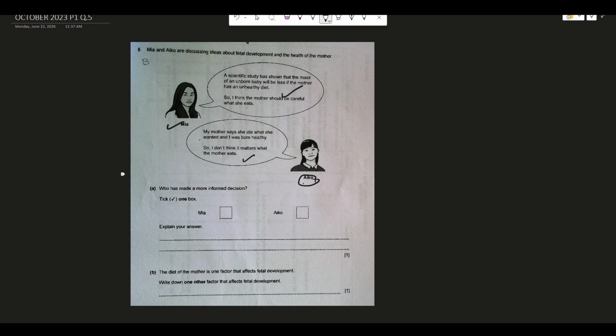So when Aiko's mother was about to give birth, she used to eat everything and anything, and the result was that Aiko was born very healthy. So Aiko thinks it doesn't matter what the mother eats, that it is not necessary to keep a check on what you are eating or not eating. I hope you understood both the statements.